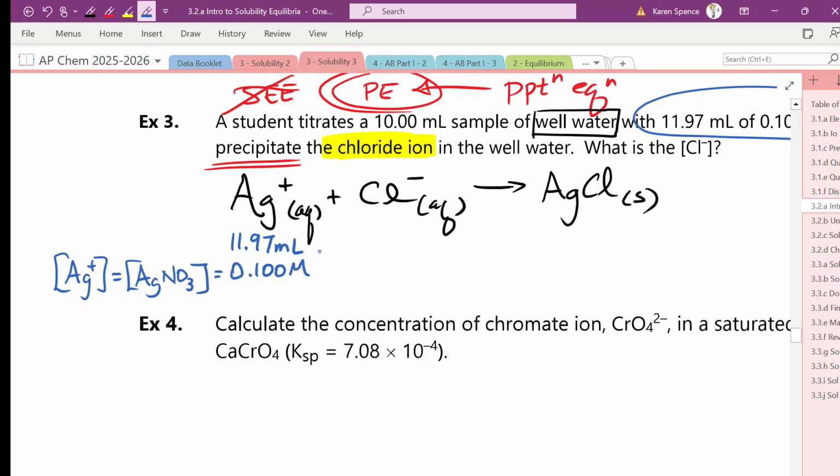And it says we have 11.97 milliliters of 0.1 molar. What does of mean in a mathematical sentence? Of means times. I'm going to take my 11.97 milliliters and convert that into liters. How many liters is that? 0.01197 liters.